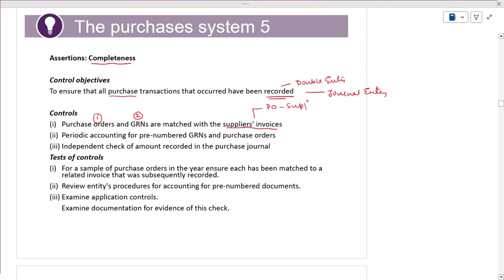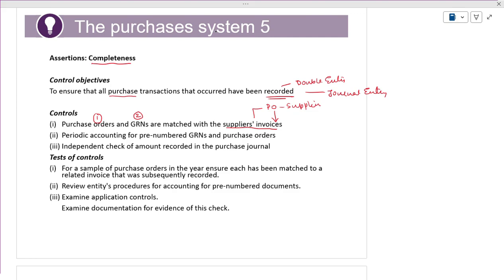Is it right? We send the purchase order, and they send us the invoice. With the purchase order, what are we comparing? We are comparing it with the supplier invoice. Meaning, whatever we have ordered, has the supplier supplied the same thing or not.